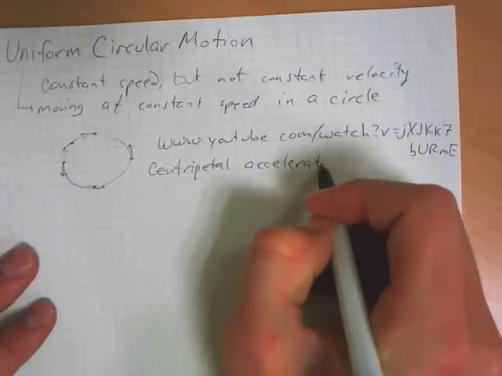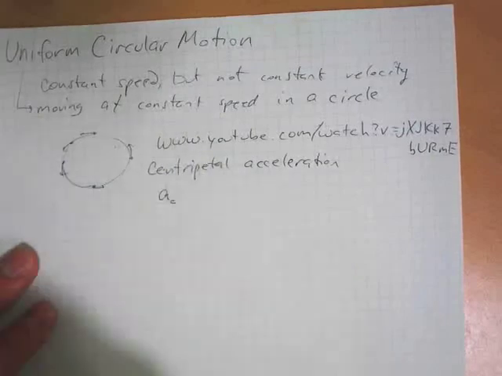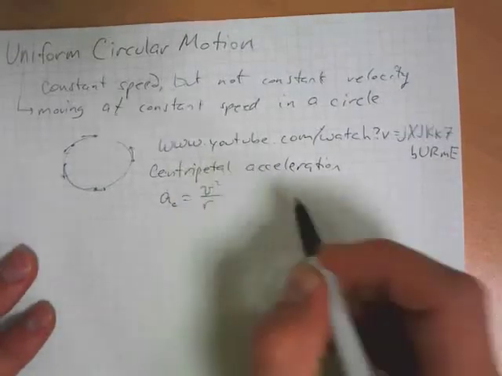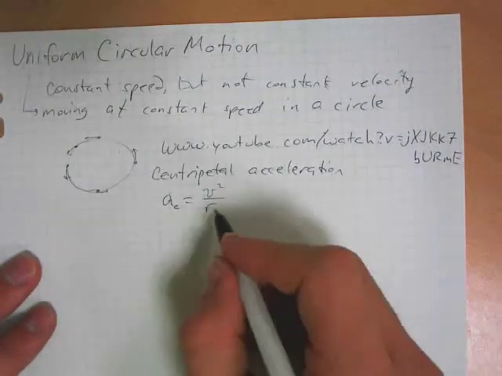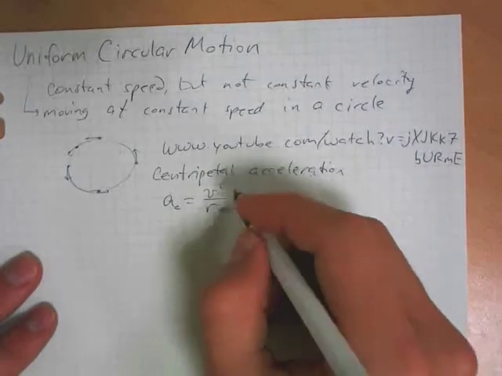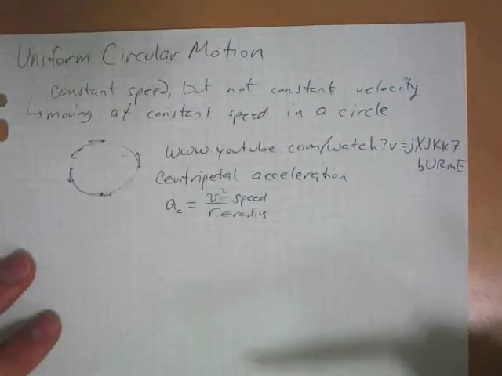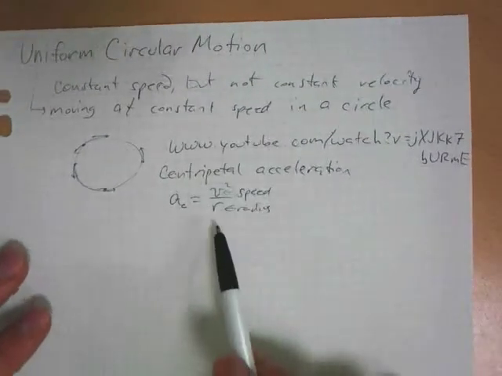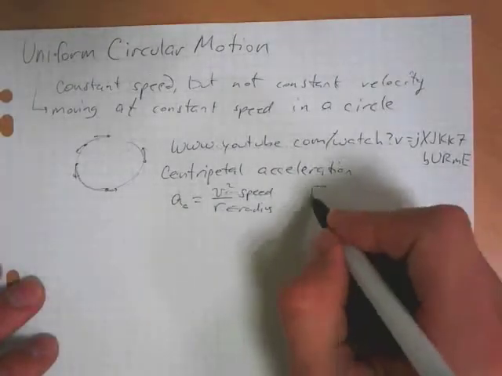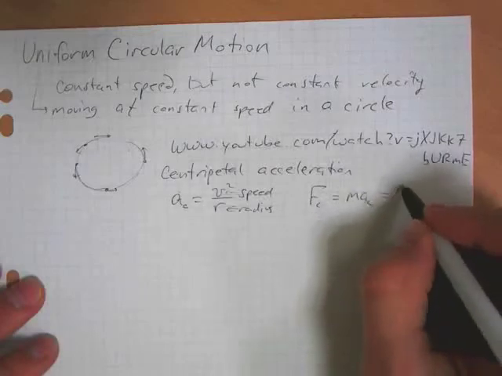We use a subscript c for centripetal, and it comes out to v squared over r, where r is the radius of the circular path, and v is that constant speed, whatever it may be. Going along with this, knowing that F equals ma, we can say centripetal force is mass times centripetal acceleration, which is mv squared over r.